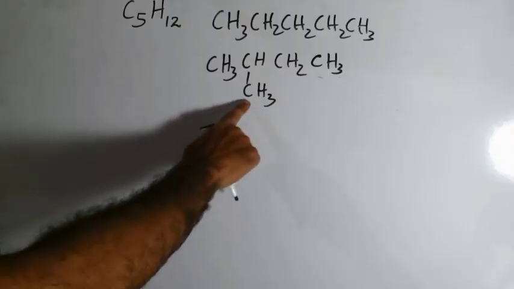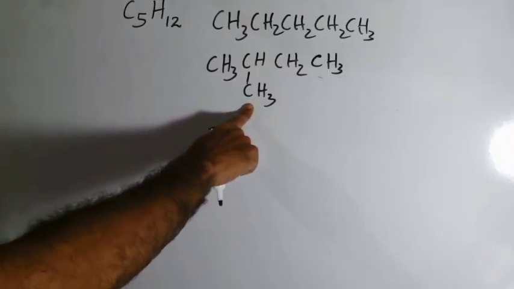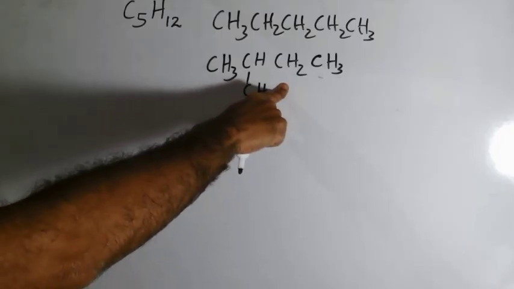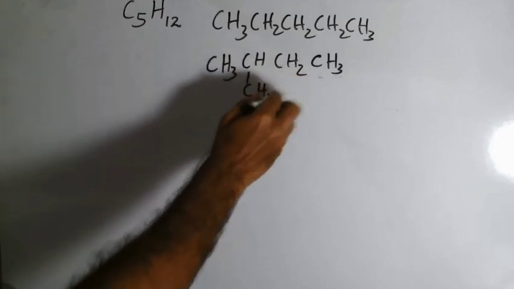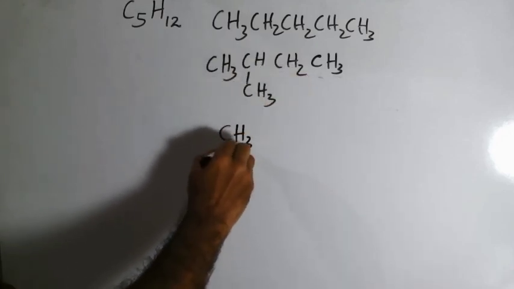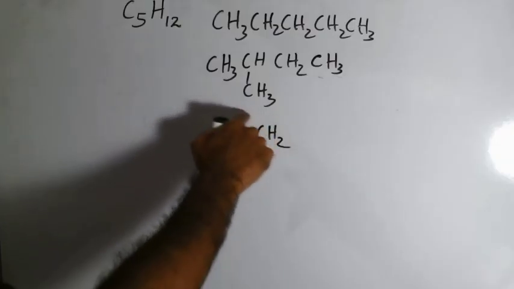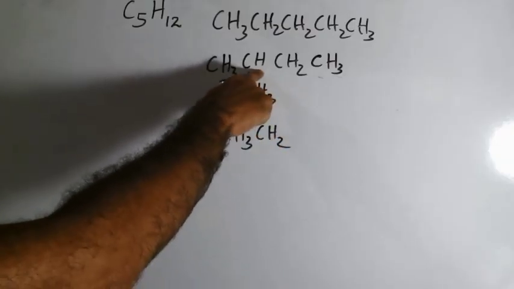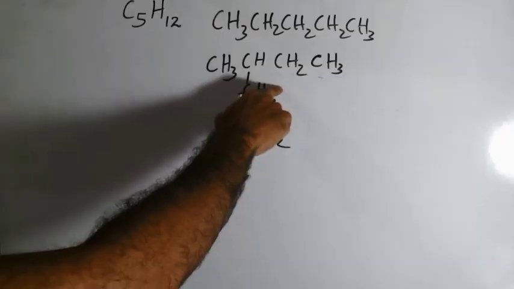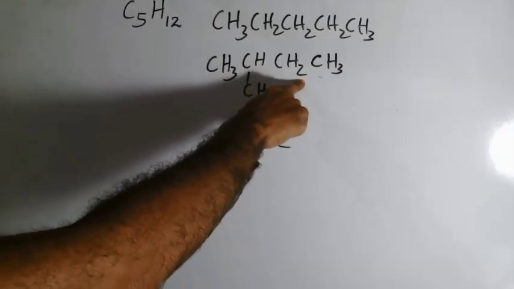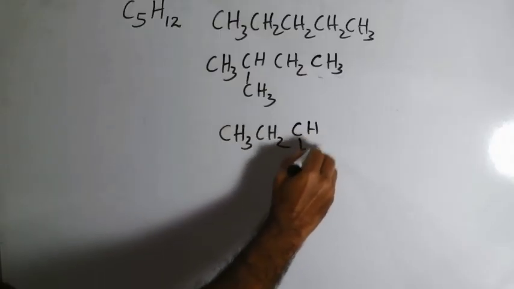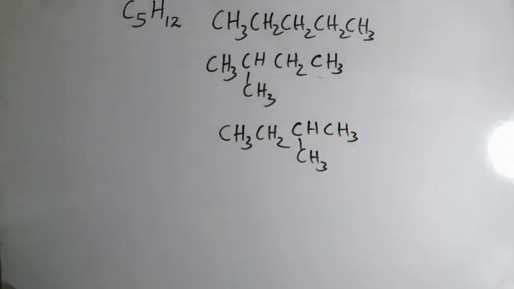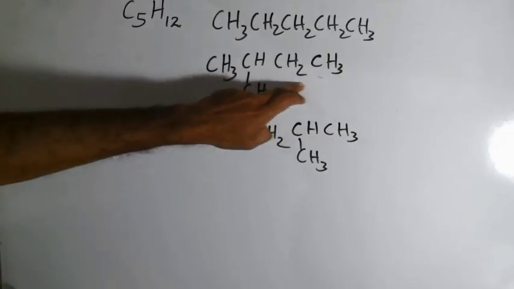Now if I change the position of this methyl to here, then it will result in the same hydrocarbon. So we will do that and check. Once it is removed, hydrogen should come there. So I am going to connect here, then that hydrogen should be removed. Now I can see in this there is an ethyl part.